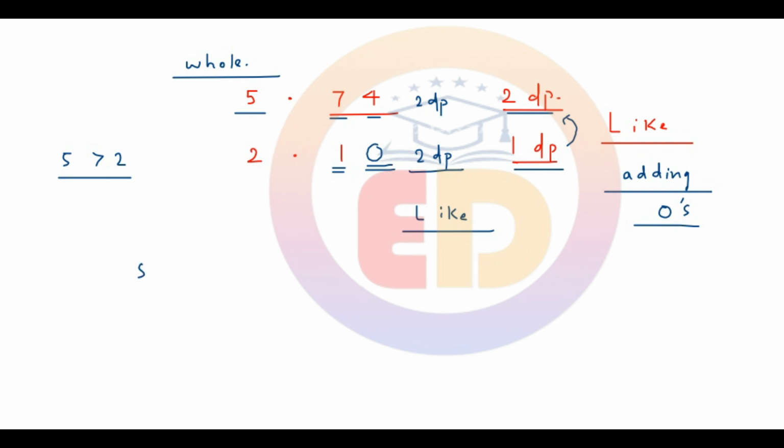So I can say that 5.74 is greater than 2.10 or 2.1. 5.74 is greater than 2.1. That was the first step of comparing decimal numbers. We have to first convert unlike decimals to like decimals by adding zeros in the decimal part, and then we start comparing the whole number part.